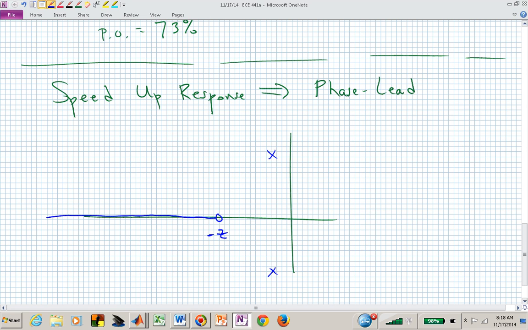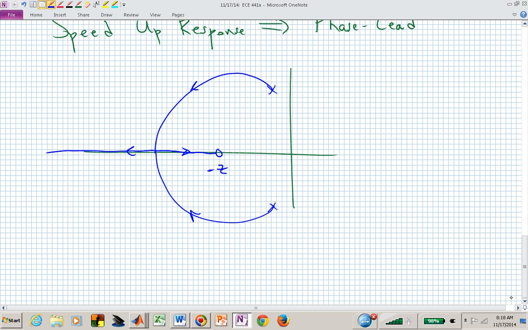What's my pole zero excess? Just for this thought process, I'm thinking it through. What's my pole zero excess? 1. How many asymptotes do I have? 1, and it's at -180. These two poles would come around here. One would go there and one would march off there, and that would be the behavior that I would see if I could just add a 0.